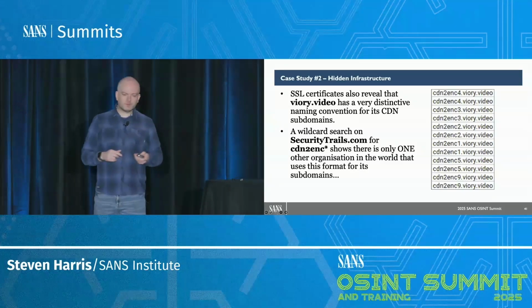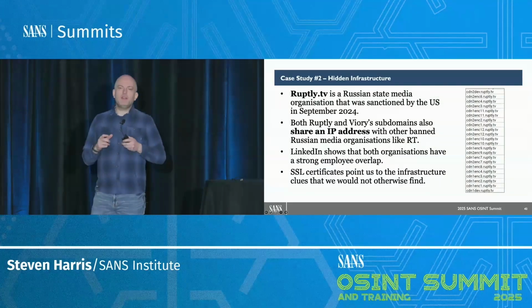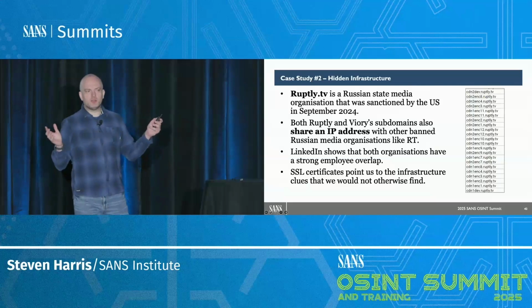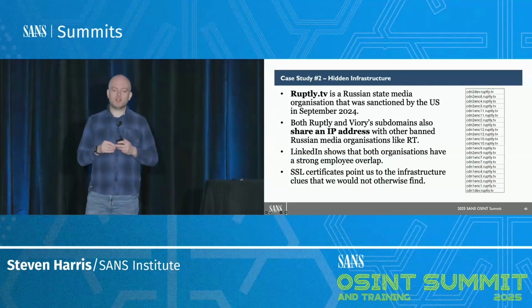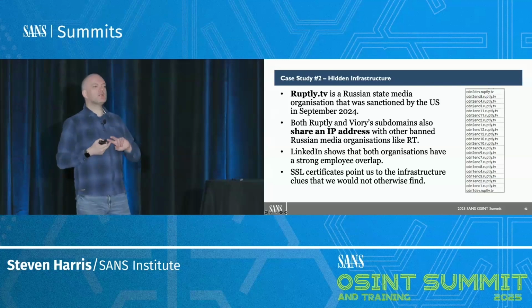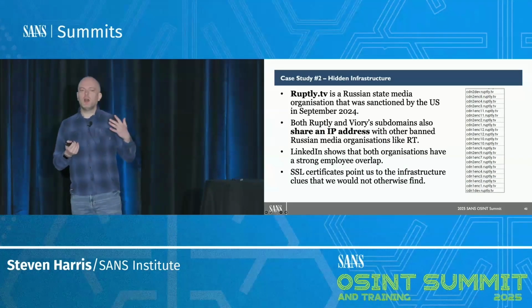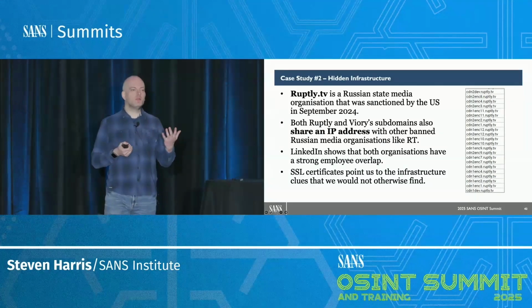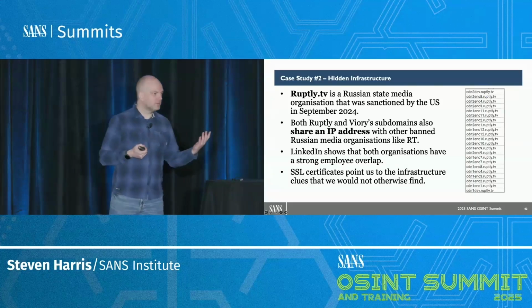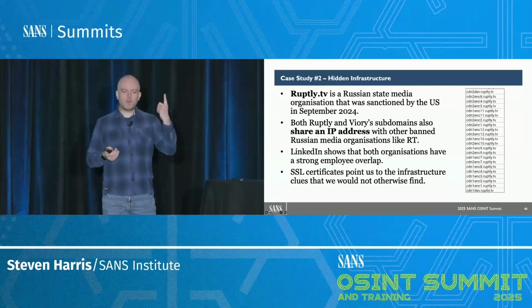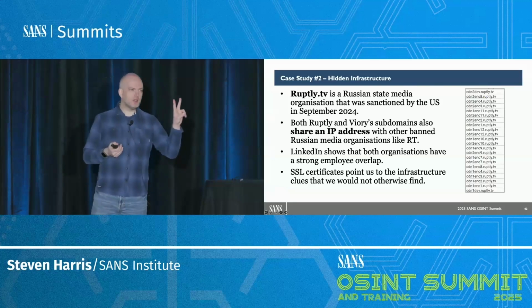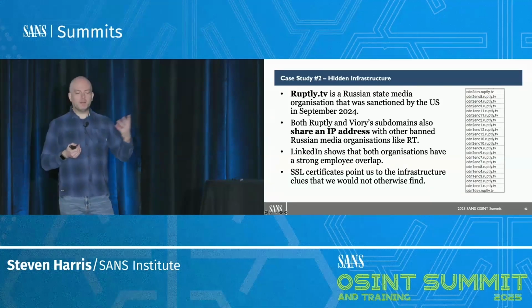And guess what? In the whole history of DNS records, covering the entire history of the internet going back to the early part of this century, only two organizations in the entire history of the internet use that same naming format for their subdomains. One was Viori Video, this new suspicious Russian media operation. The other organization was one called Ruptly.